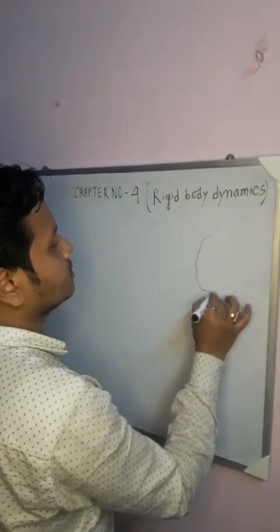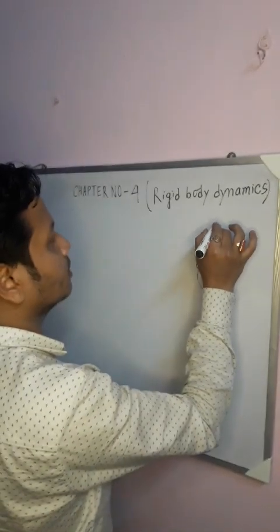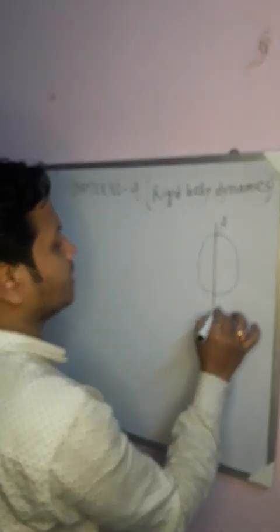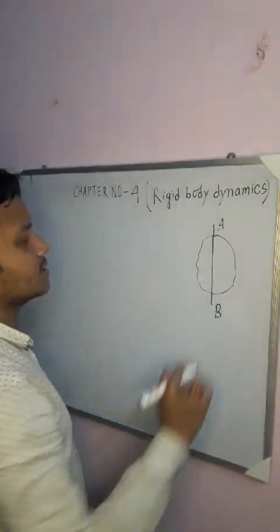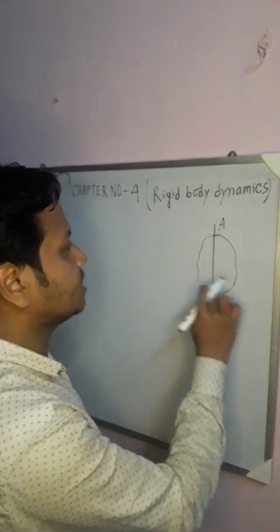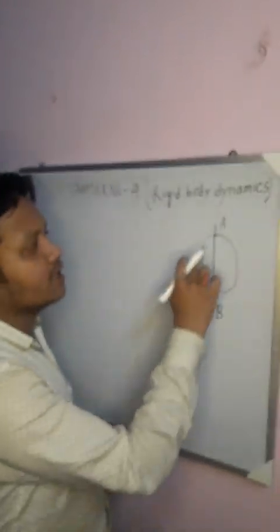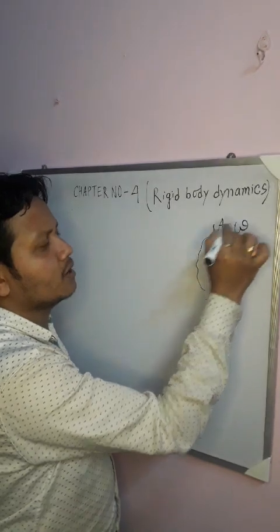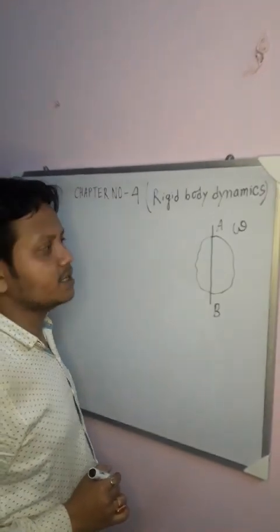Suppose this is a rigid body and this is the axis of rotation. If we assume the axis is AB, the rigid body is rotating with an angular velocity omega with respect to the axis AB. You can imagine it.